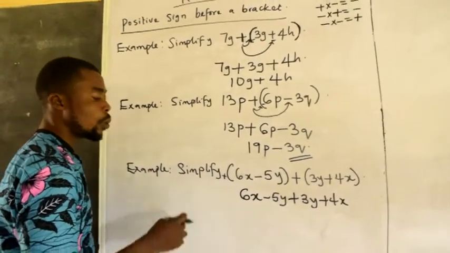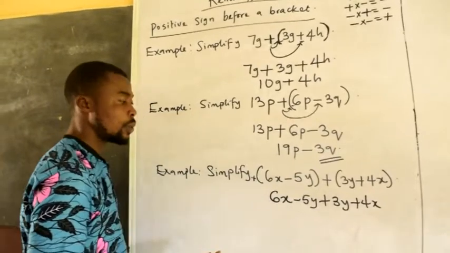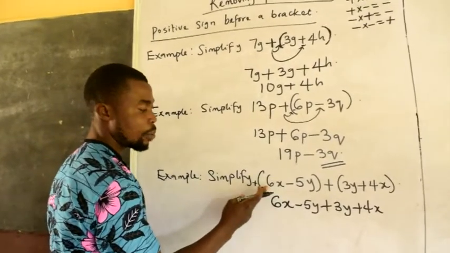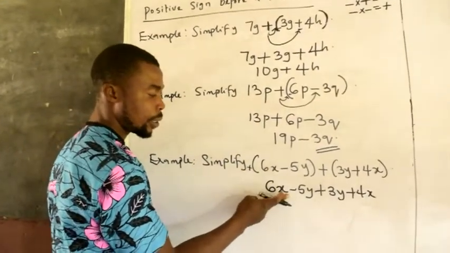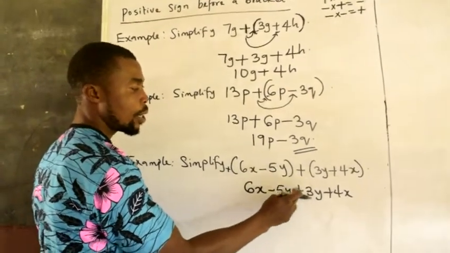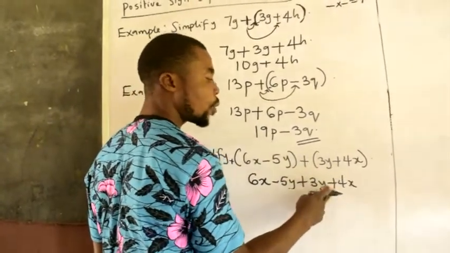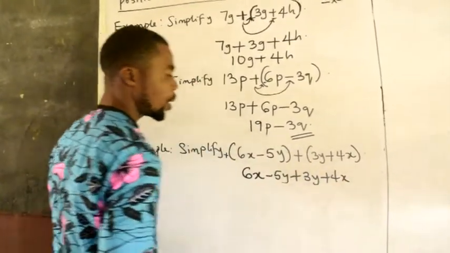You can also multiply out if you want to verify. Plus times invisible plus here will give us 6x, that is what we write here. Plus times minus will give us minus 5y. Plus times plus will give us plus 3y. Plus times plus will give us plus 4x.